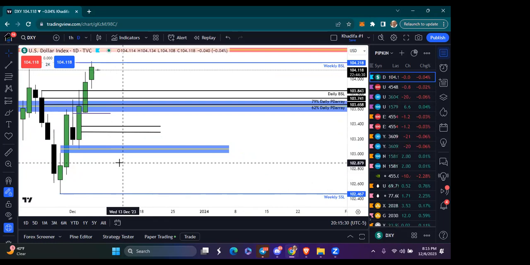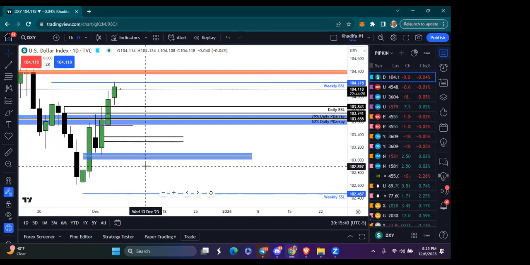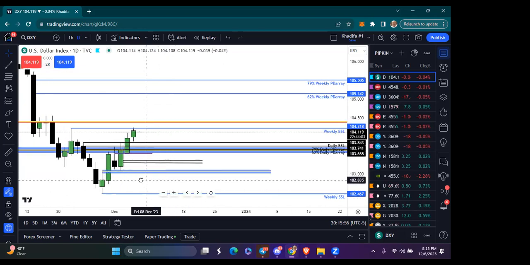That's why I always give my bias, but I always give an if-this-then-that type of analysis, because as you know, markets can flip on a dime. They do what they want to do, and a bias is just that, a bias, but price will do what it wants to do at any given second, any given moment of the day.